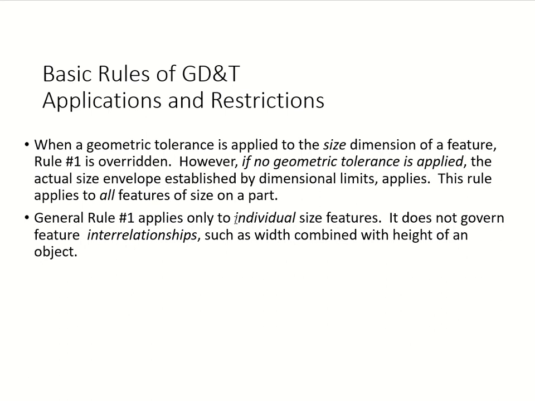That applies to all features, all your sizes on your part. Rule 1 applies to individual size features, but it doesn't care about the interrelationship between features. So make sure you don't go into relationships or interactions. Just go with each individual feature on your part with its own dimension and tolerance.